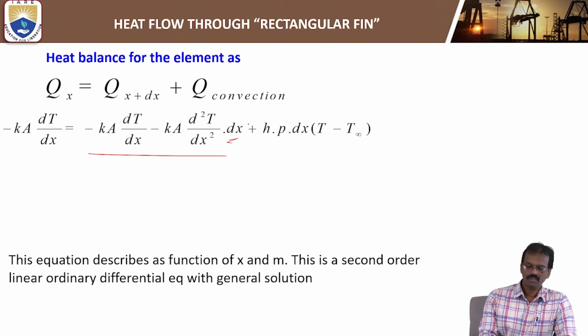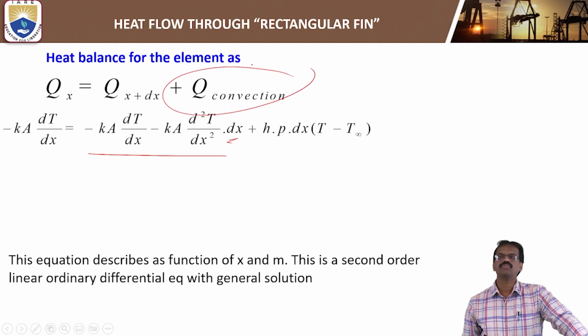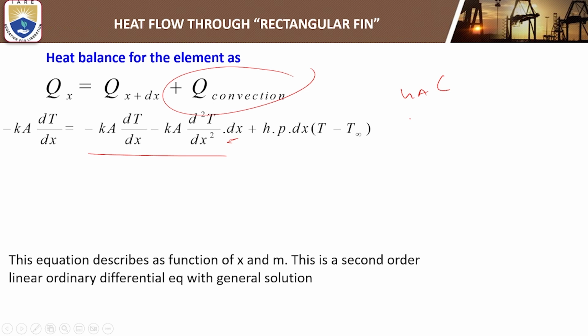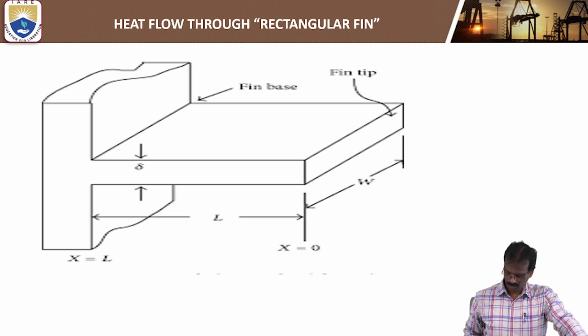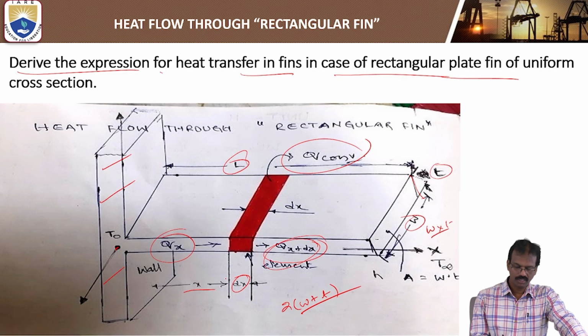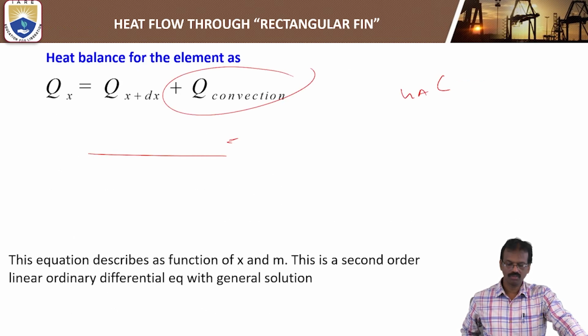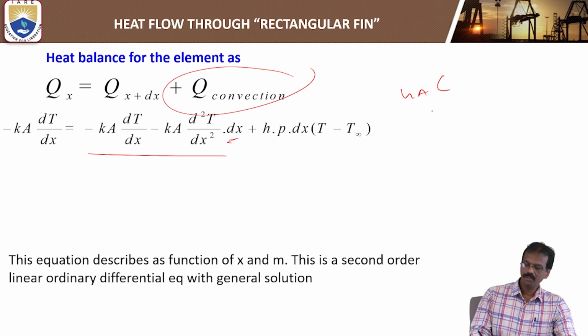Plus q convection. You know the formula: hA into temperature difference. We are taking an elemental area here, so at distance x the temperature at a particular elemental area is T, and the area is the perimeter of this pin into dx, that is P into dx.